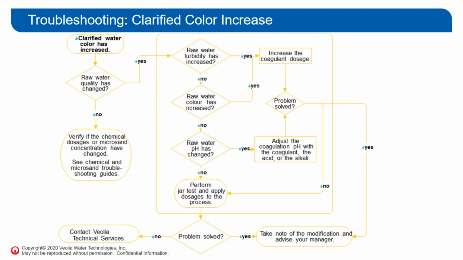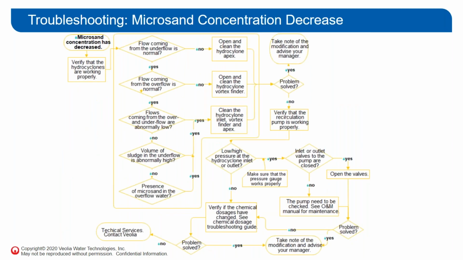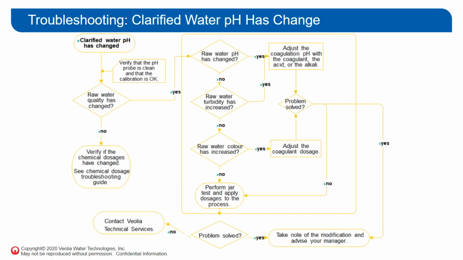Likewise, the clarified color increase is so much more pH driven, but you can use these as well as the microsand concentration decrease, checking different points of the hydrocyclone, or carrying this over to what your pH has done to affect all of your other chemistry.